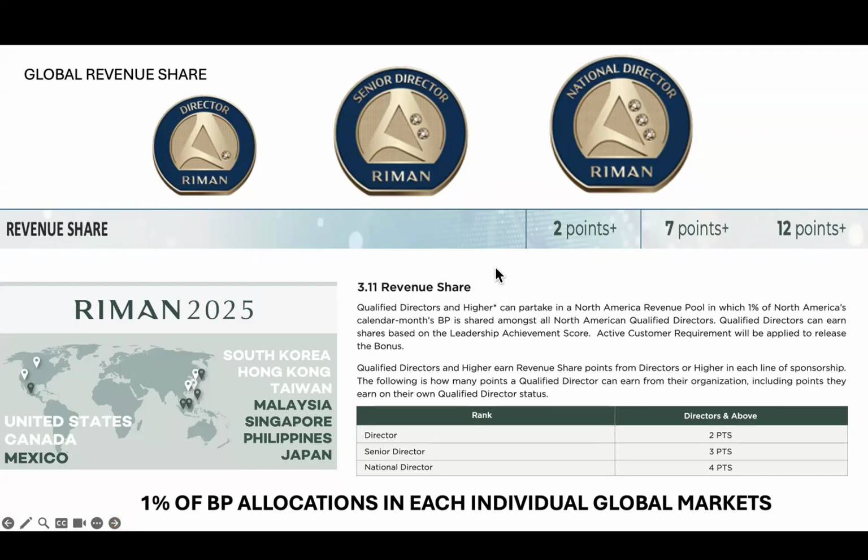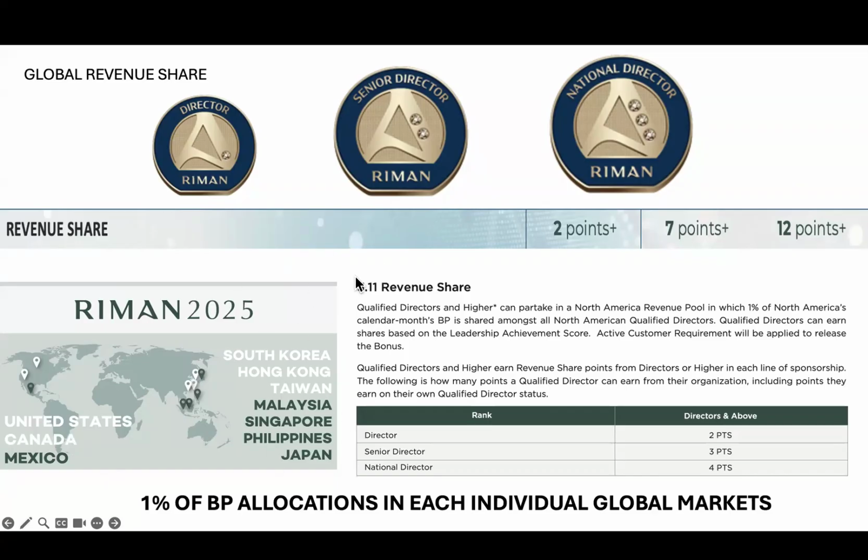The caveat is you don't get paid in every market just because of your rank. It's when you hit these ranks and you have a business or organization or a team running in these respective markets. Whatever you generated in those markets, you're going to be allocated a certain amount of points, and based on those points, it'll be commissioned out. So when you hit director, senior director, national director, it gives you a chance to participate in all the markets that you build your team in.